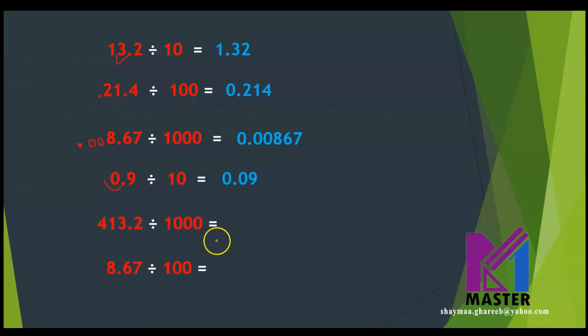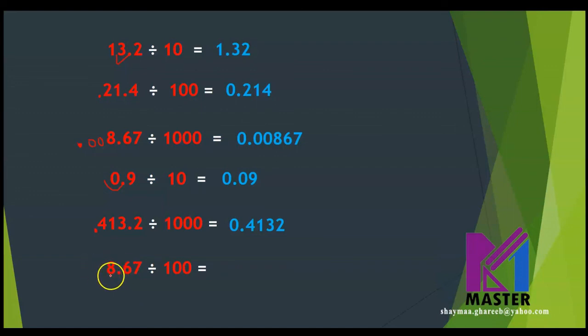413.2 divided by 1000, I will move the decimal point 3 places to the left, 1, 2, 3, so it will be here. So the number will be 0.4132. 8.67 divided by 100, I will move the decimal point 2 places to the left.